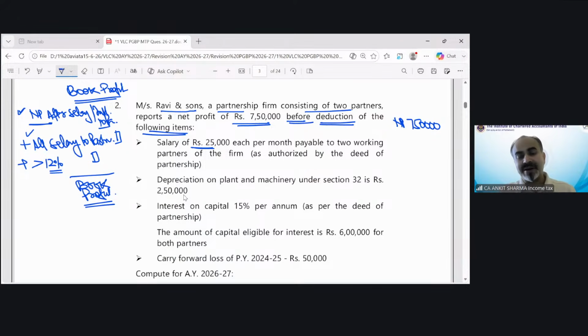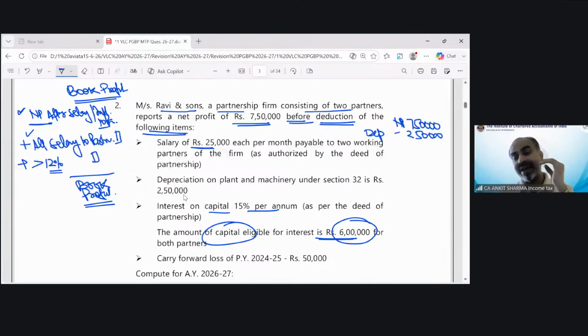Understood? Depreciation on plant and machinery under section 32 is rupees 2,50,000. So for the purpose of book profit, you need to reduce it. The 2,50,000 depreciation needs to be reduced because profit means after depreciation, etc. Interest on capital is 15% per annum, and the capital eligible for interest is 6 lakh rupees.